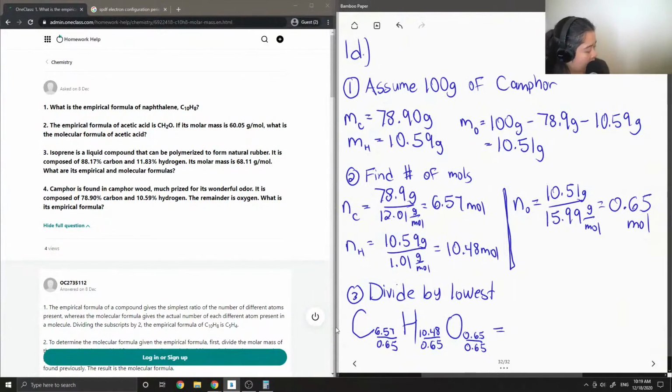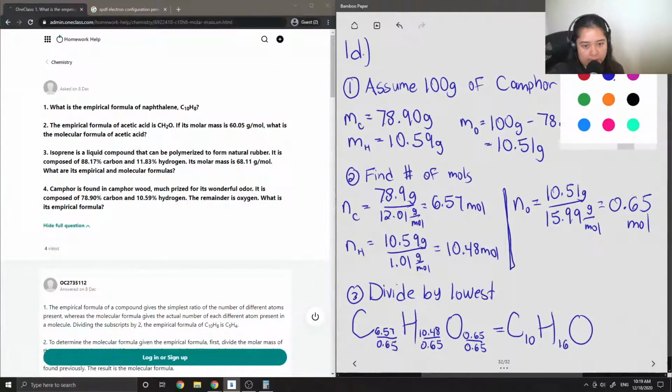Okay, so again, we're going to take all the different fractions and convert it to the nearest whole number. And we end up getting C10H8 and then O. And this is our empirical formula.